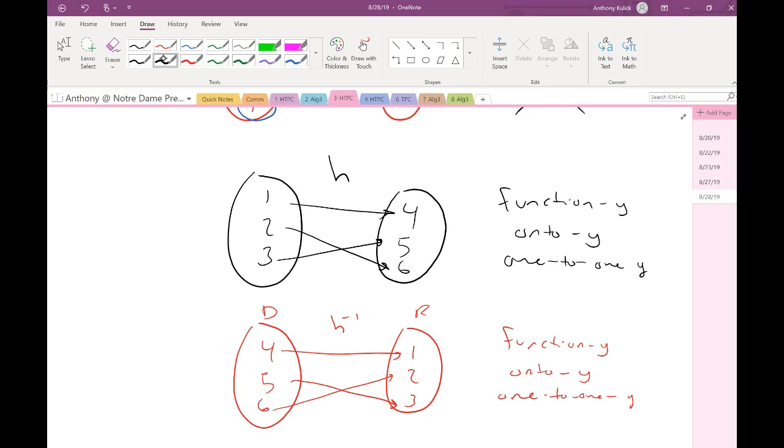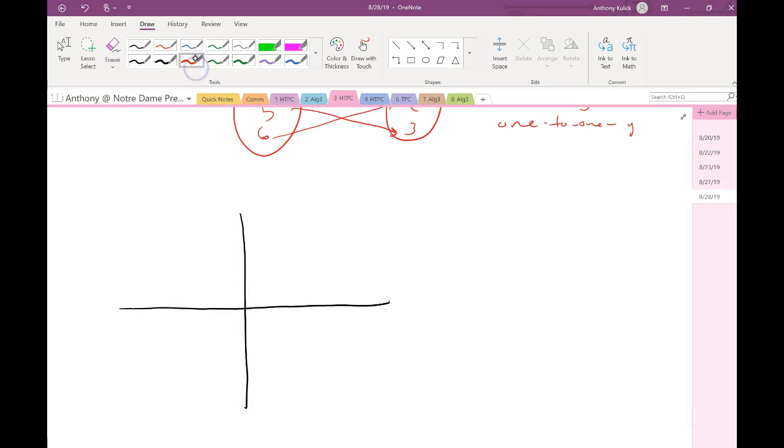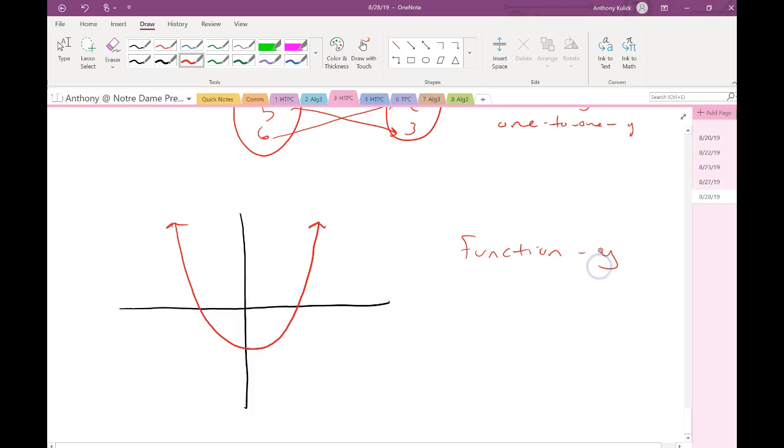Everybody feel okay about what we mean by one-to-one and onto, at least as far as a mapping diagram means? Okay, let's look at a graph. Is this a function? Everybody agree with that? Yes. Is it onto?